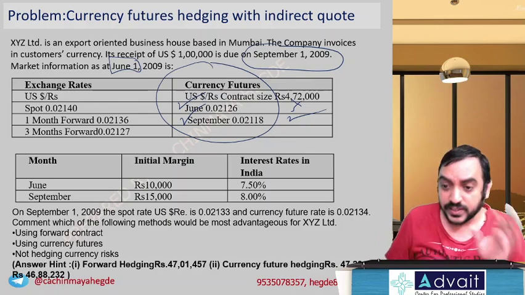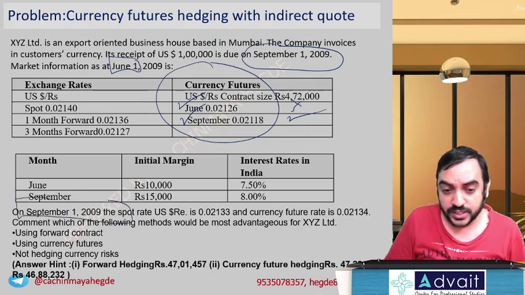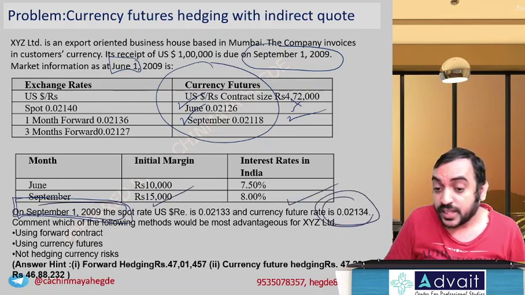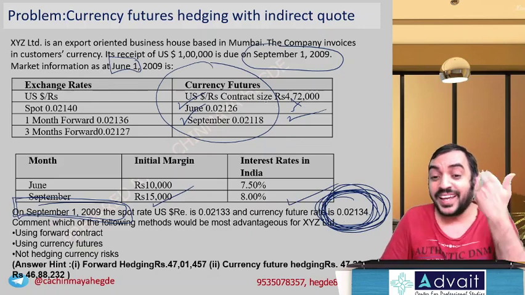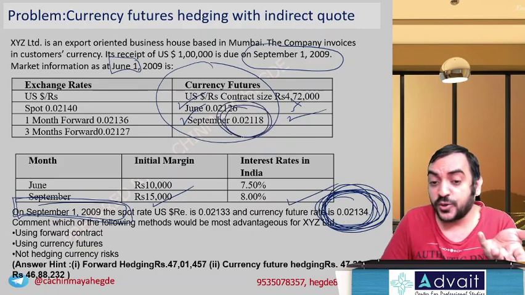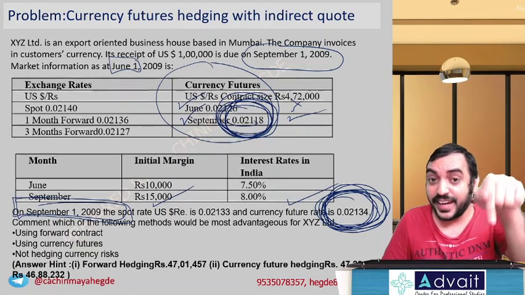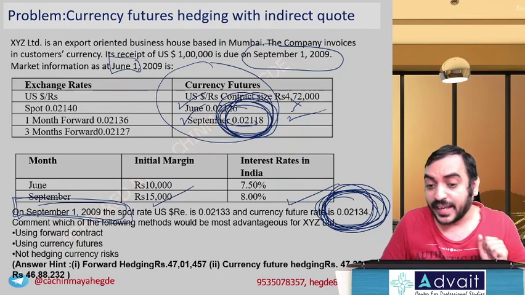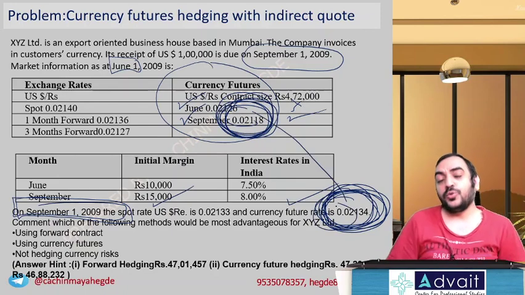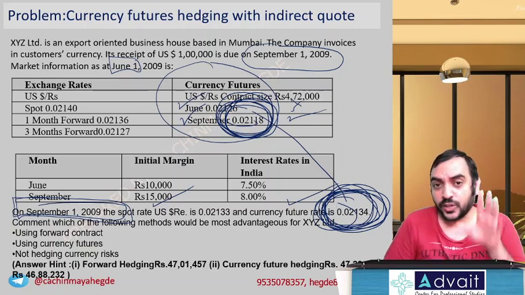Now in this case, please check it out. Spot rate on September 1st: the spot rate is so much, the future rate is so much. Today you take a position at 0.02118. Entry rate you decide yourself, and exit rate 0.02134. Are you clear?